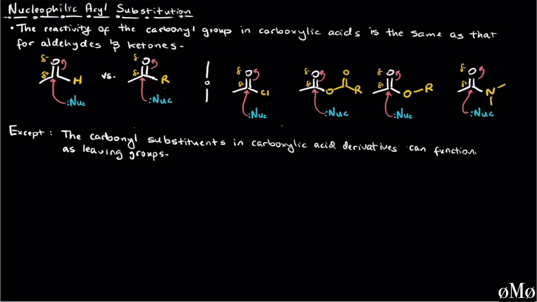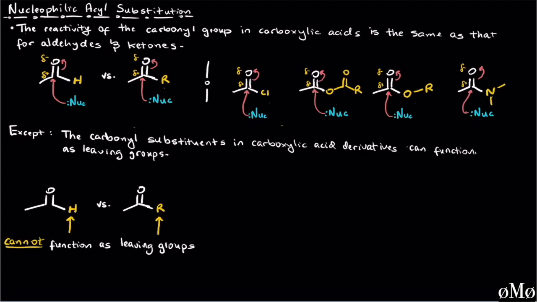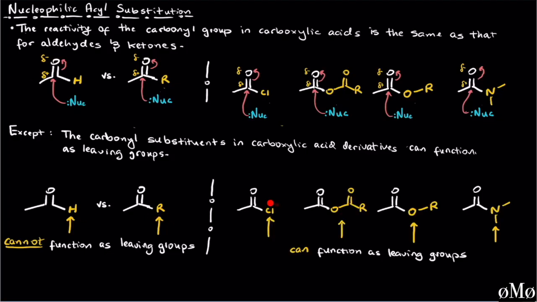The major difference here is that the carbonyl substituents, or the groups around the carbonyl, for carboxylic acid derivatives can function as leaving groups. So while a hydrogen in an aldehyde or an alkyl group in a ketone will not serve as a good leaving group no matter how you try, your chlorine on an acid chloride actually can be a good leaving group. So is your carboxylate group.